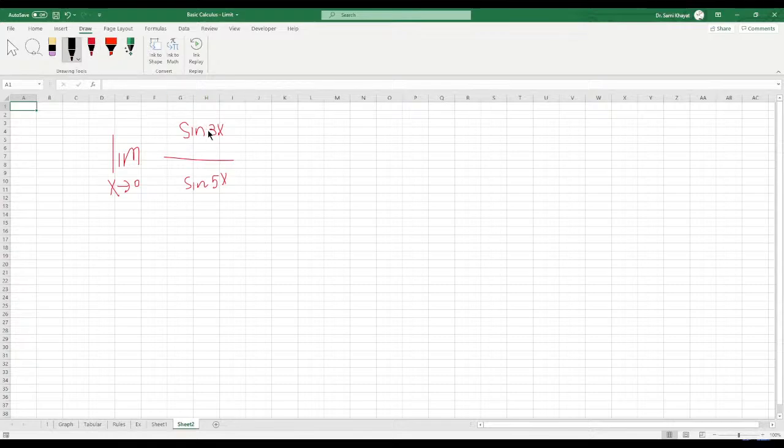Now, to solve that one, we will take advantage of this one: the limit of x approaching 0 of sine x over x. This can be theta, any one over the same theta. It's 1. Now, I want to make something similar to that one. I will just divide this one by 3x.